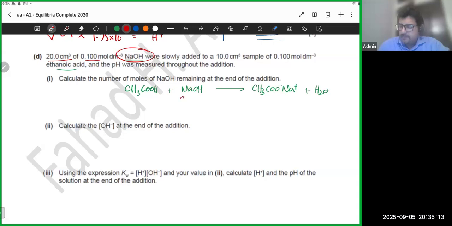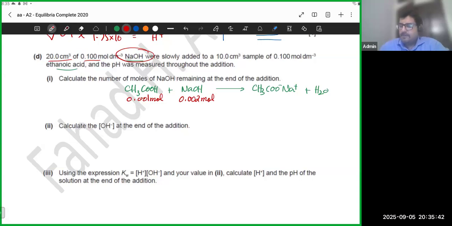Somebody double check this. You get concentration times volume. And ethanoic acid is this. It's 10 times 0.1 divided by 1,000. So that's 0.001 moles, right?